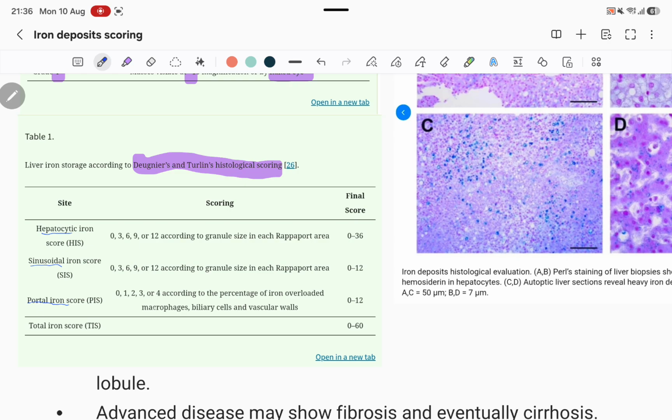So portal iron, okay, so portal means macrophages, biliary cells, and vascular walls, okay? So in the hepatocytes, it's scored until 63, and then in the other two, it's scored until 12, okay?